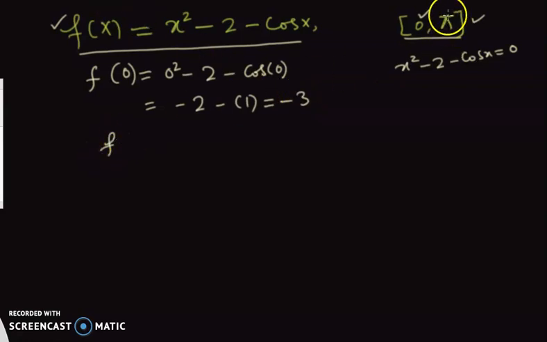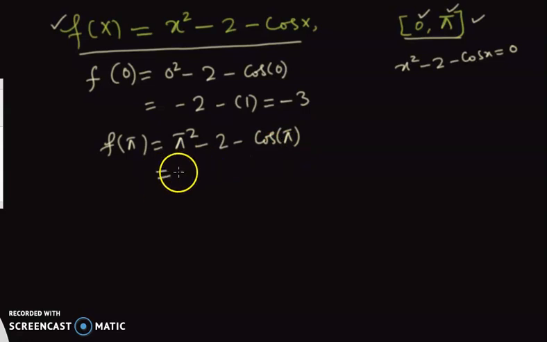Now let's compute f of pi. f of pi is equal to pi square minus 2 minus cos of pi. So you can see that this is pi square minus 2 plus 1, which is greater than 0. This is a positive quantity and the other is negative.